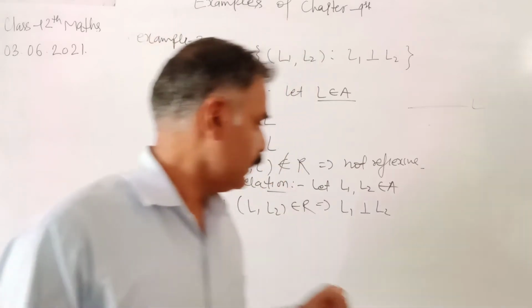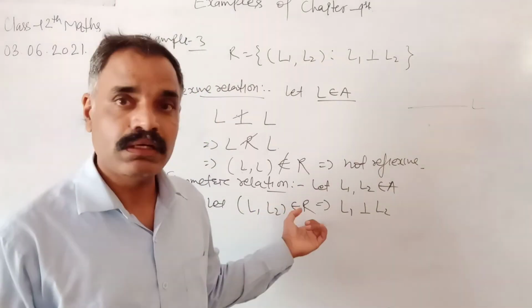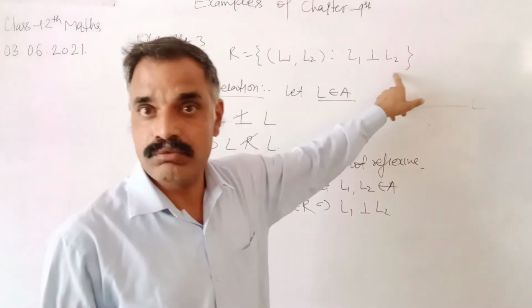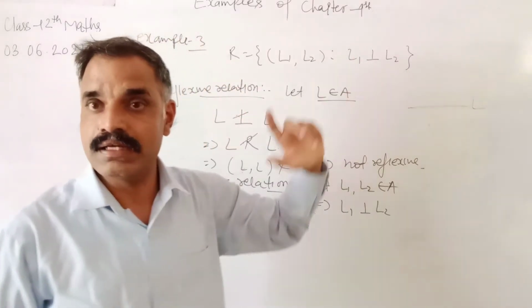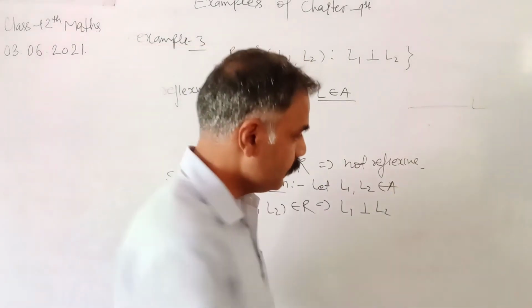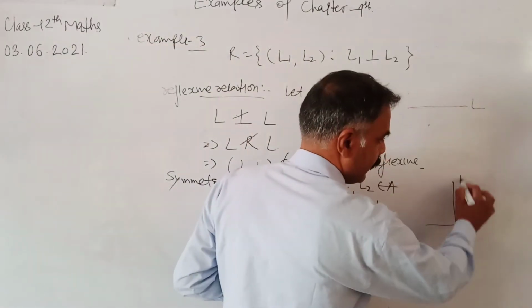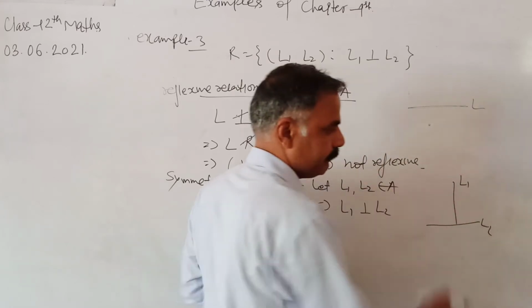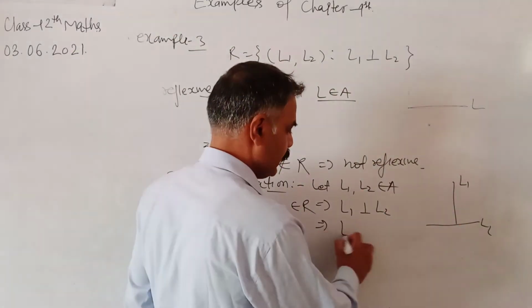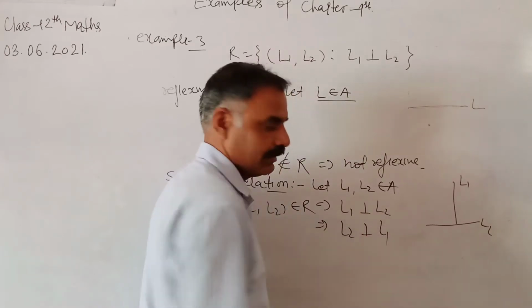So here we are taking (L1, L2) belongs to R. If (L1, L2) belongs to R, both the lines are perpendicular as per the given relation, means line L1 is perpendicular to L2. And we know that if lines L1 and L2 are perpendicular, then L2 and L1 are also perpendicular. It means L2 is perpendicular to L1.